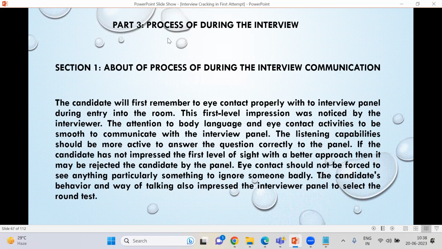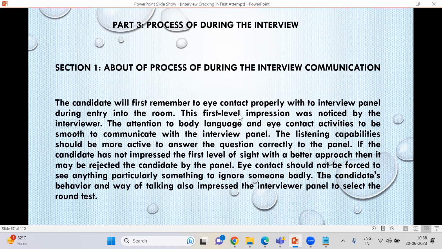Part 3, process of during the interview, section 1, about the process of during the interview communication. The candidate will first remember to make eye contact properly with the interview panel during entry into the room.